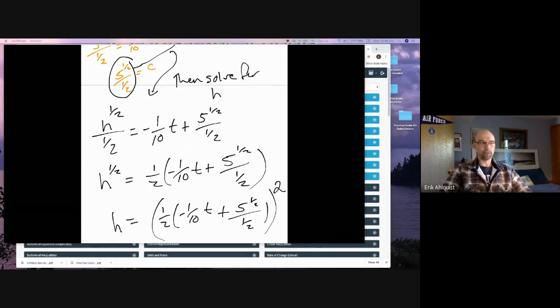I know there's some simplification in there. You could make it -1/20th t plus the square root of 5, squared, if you wanted to. You don't have to on the exam, so don't bother. Just write neatly and make sure you copy whatever you had on the previous line, but that's a fine answer the way that's written. Any questions on that?